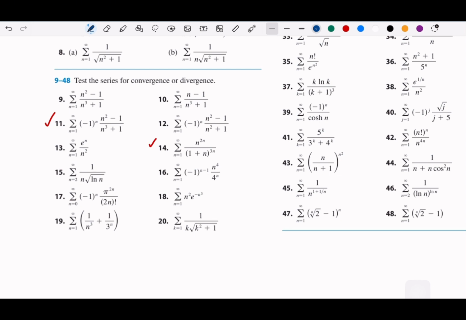Okay, for number 11, because the question is only asking convergence or divergence, it has this (-1) with power of n, then you must be trying something related to alternating series, right? Okay, let's do that.